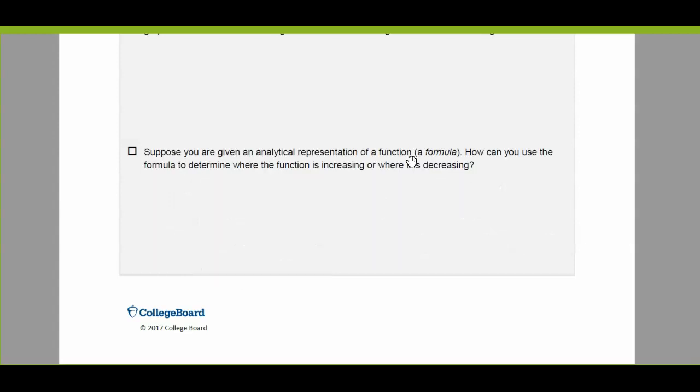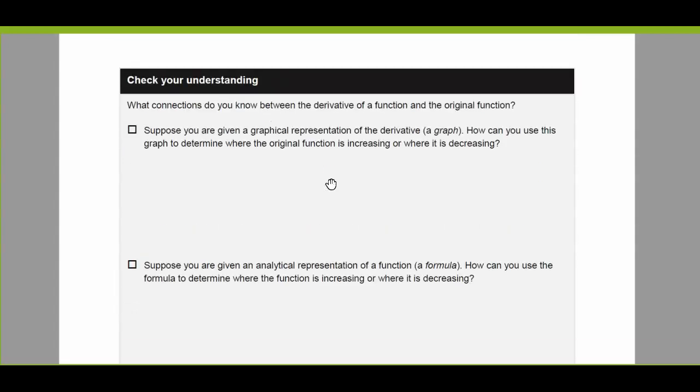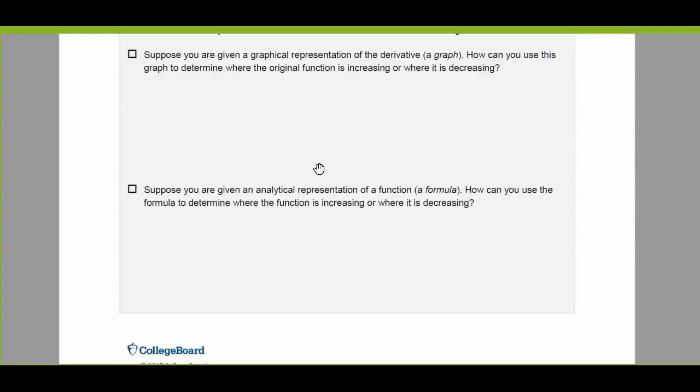Okay, so hopefully that helps with your understanding of the beginning of 4.3. Like I said, we're going to continue today to look at concavity and the second derivative test, and just continue to create the connections between the original, the derivative, and the second derivative.